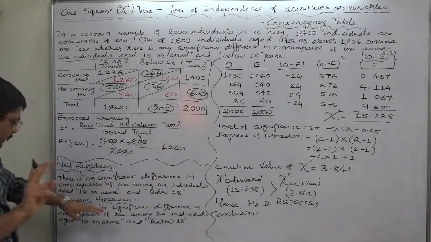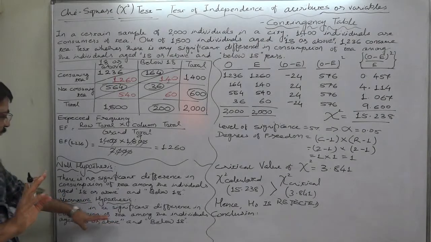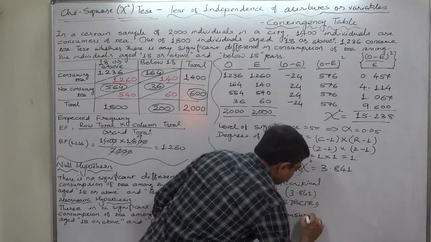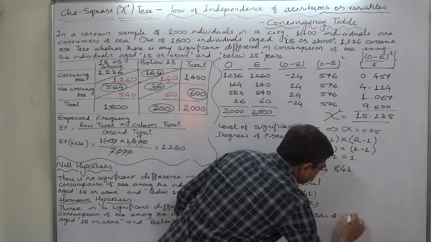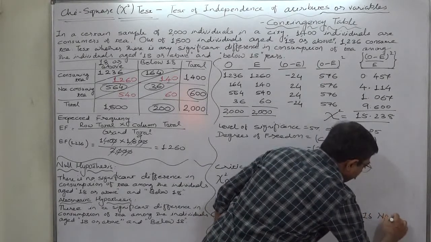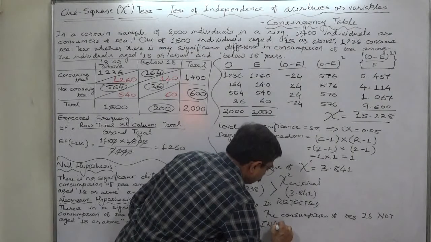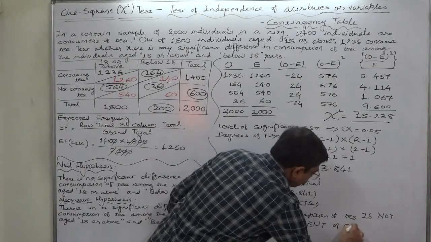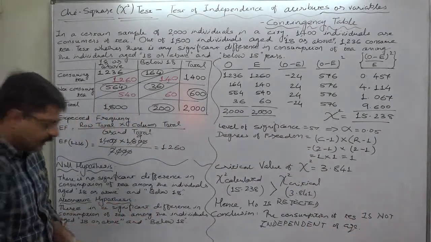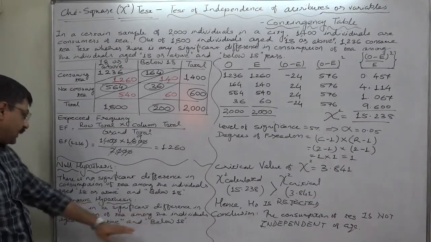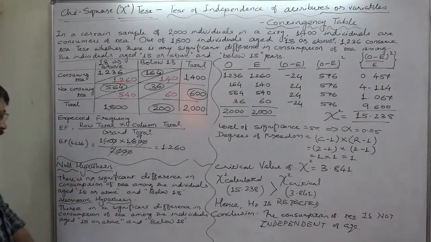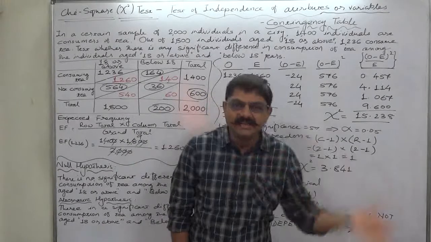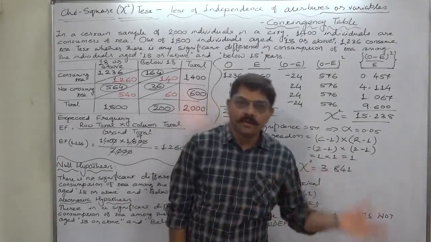What we had discussed at the time of interpreting the hypothesis is that the consumption of tea is not independent of age. The interpretation of our conclusion that there is a significant difference in consumption of tea means it is dependent on age, consuming tea and not consuming tea.